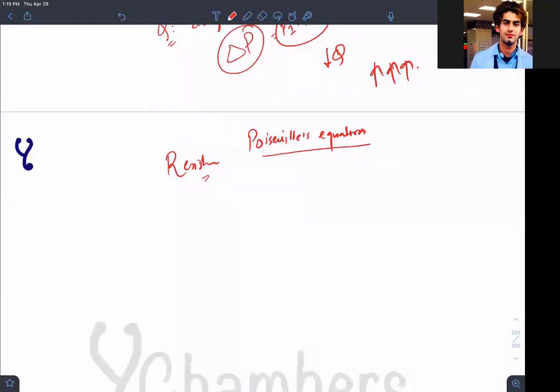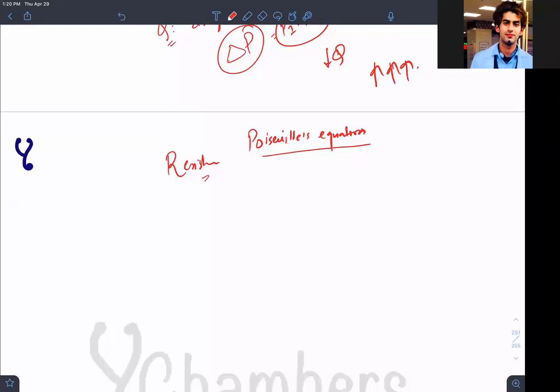Listen to my word, affect. Affect does not mean something will go high or go up. I did not say high or up. I say affect. That means change. Which things can change the resistance in the blood vessels.